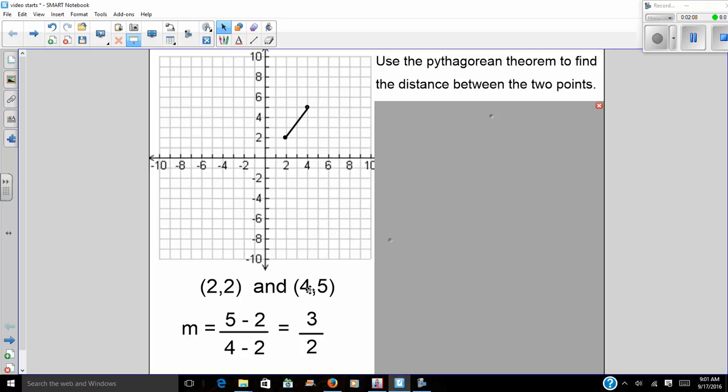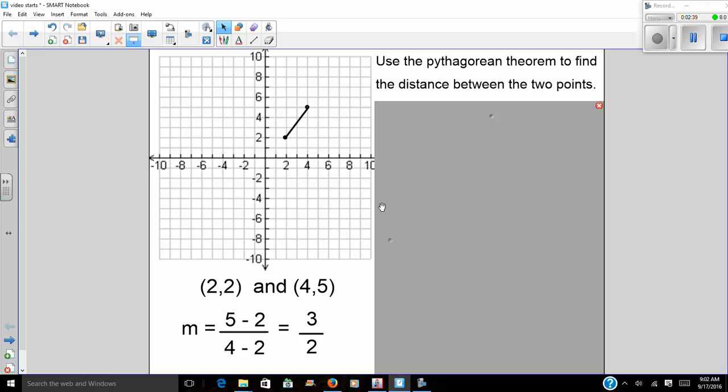So if I take y2, which is 5, minus y1, and put that over x2 minus x1, 4 minus 2, then I end up with 3/2. We can see that slope developed through the slope formula, and we can also see it visually on the graph. Okay, so now that we have that determined, let's tackle the second part of the problem.